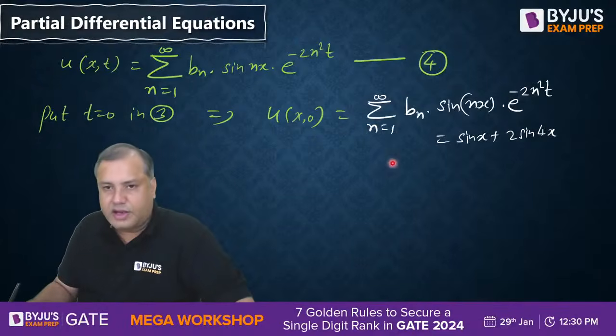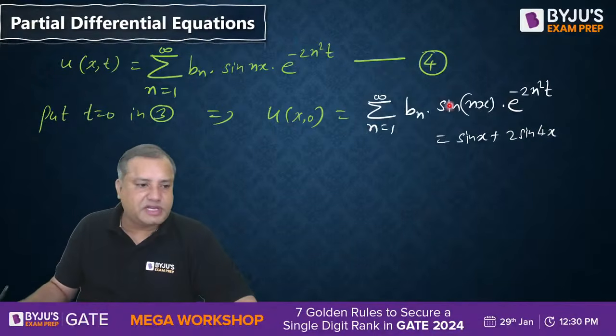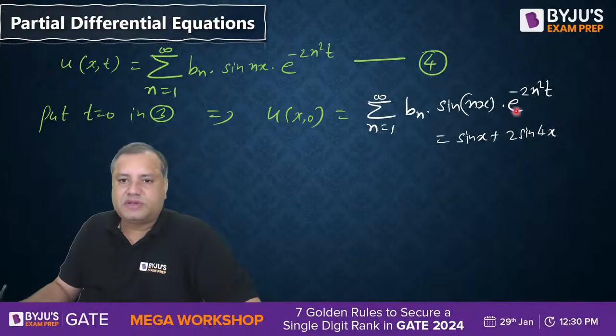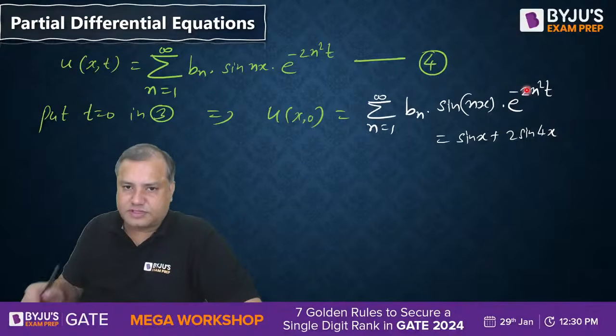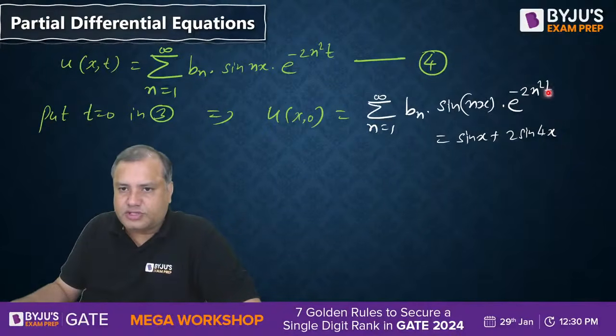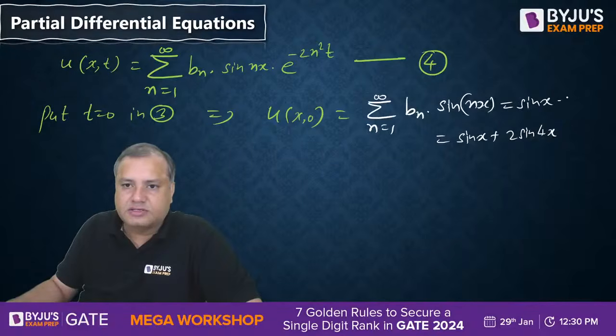Comfortable? It means this left hand side summation should be split into two terms. You substituted t equal to 0, so e raised to 0 is 1, and the right hand side is sin x plus 2 sin 4x.